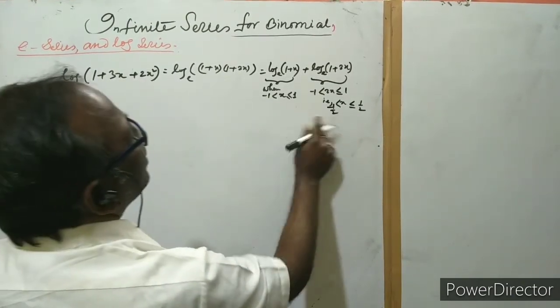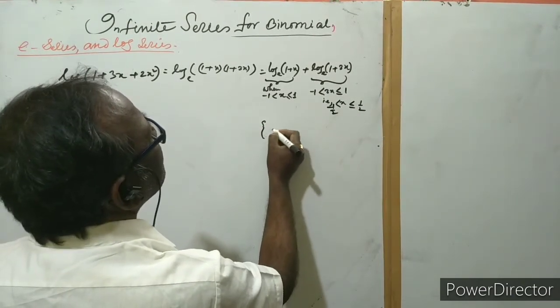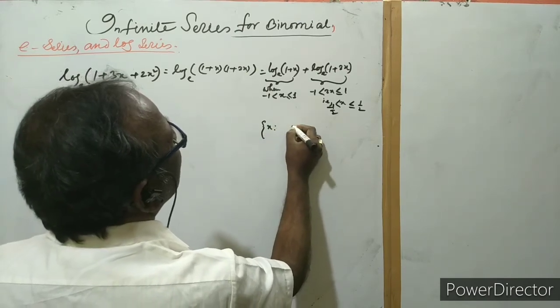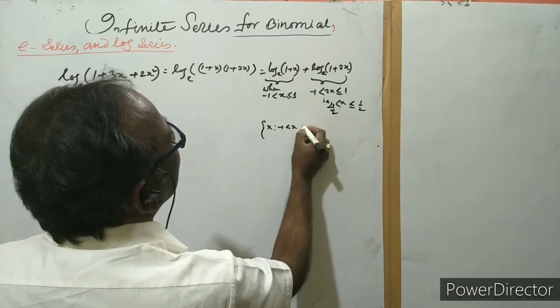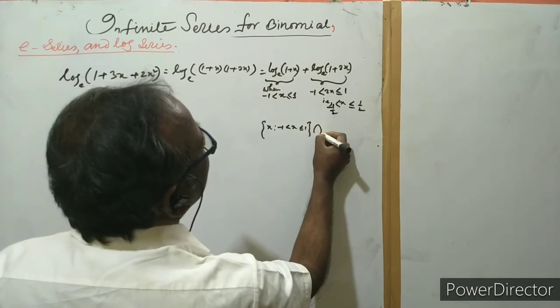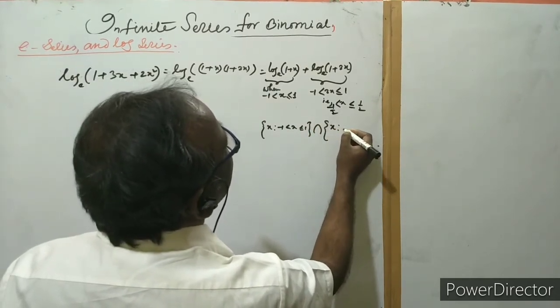So from these two domains, this is a set of x such that, and this is the intersection of another set of x such that.